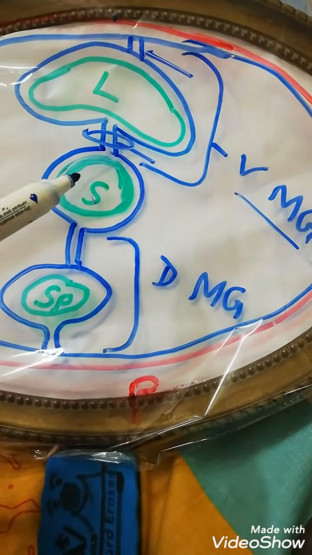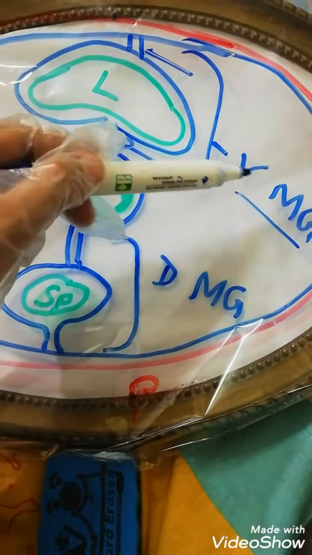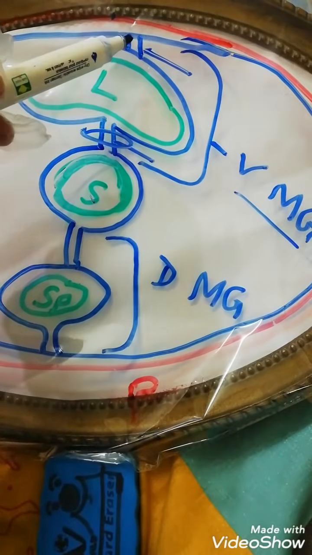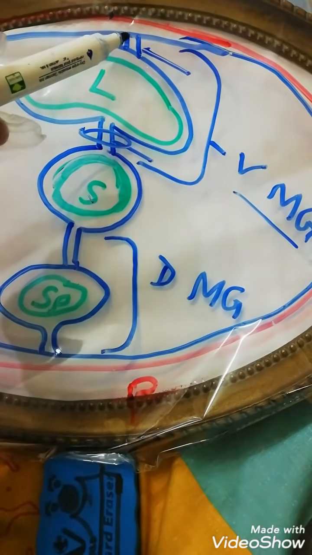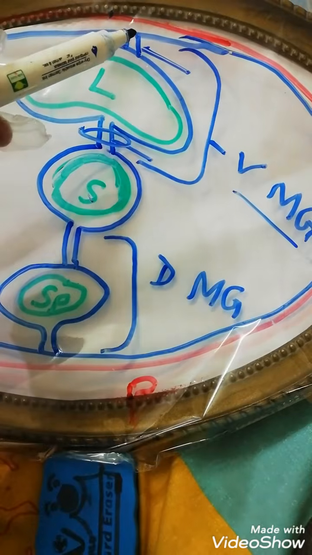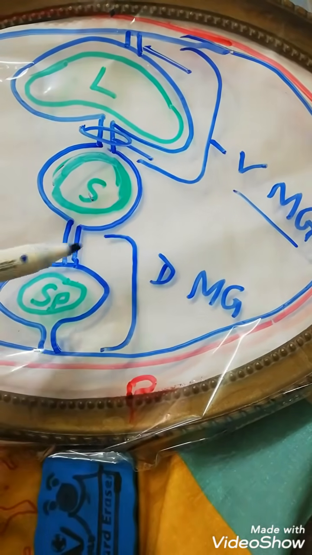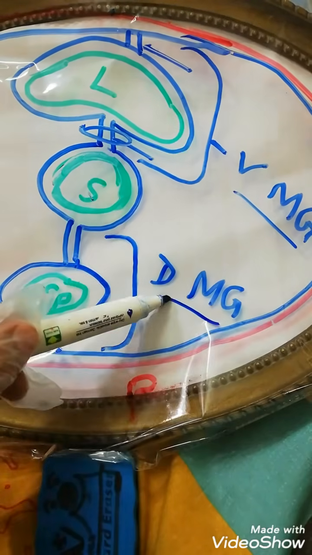Now concentrate on another thing, that the anterior part of this ventral mesogastrium is going to give rise to various ligaments of the liver, like the falciform, the triangular ligaments and the coronary ligaments, right? And what is the result of this dorsal mesogastrium?